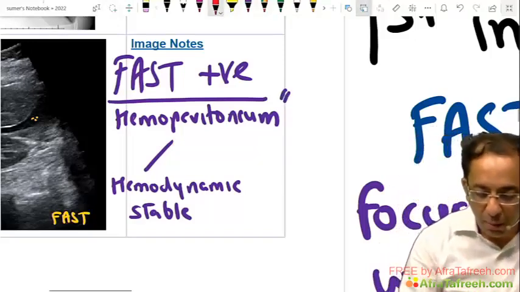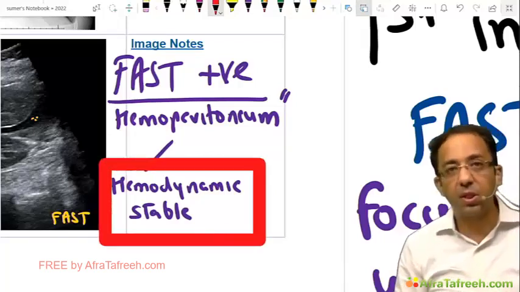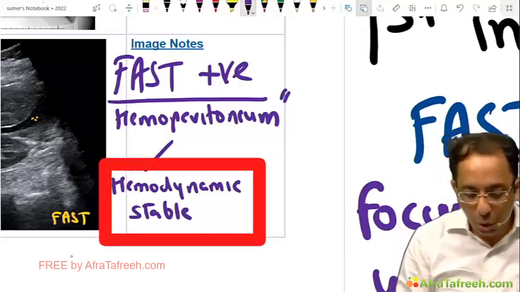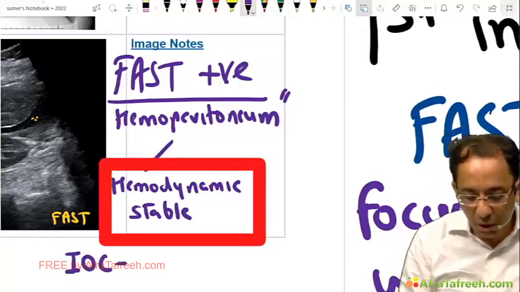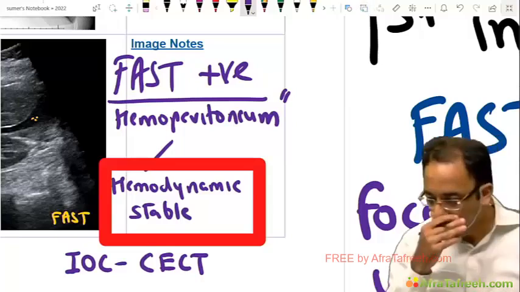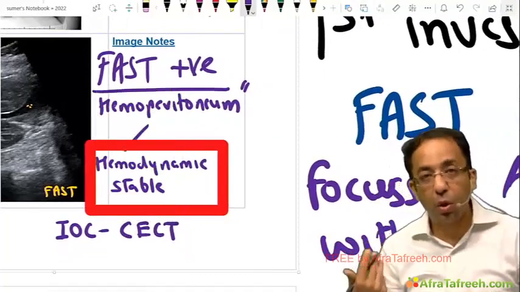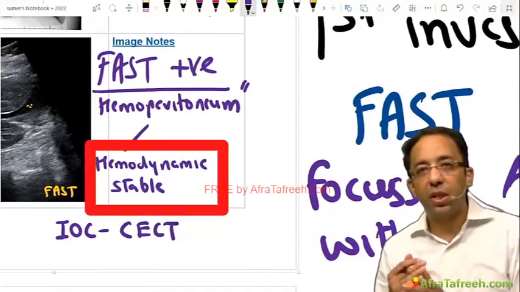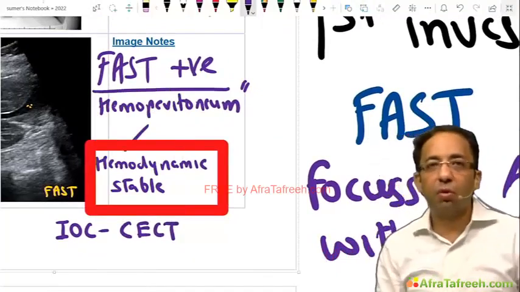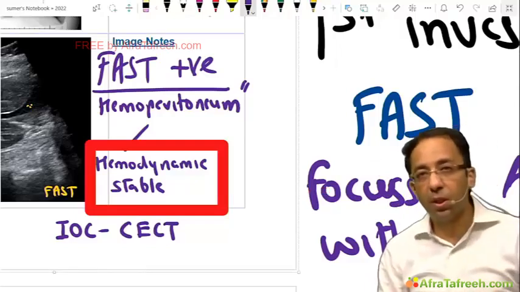And if the patient is hemodynamically stable, the pulse, BP and vitals are stable, then you should take the patient for the investigation of choice, which is contrast enhanced CT. You will see the grade of injury. You will try to find if there are other injuries, if there are multiple injuries or not.